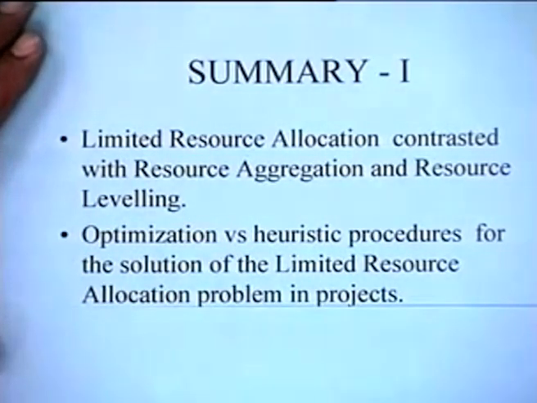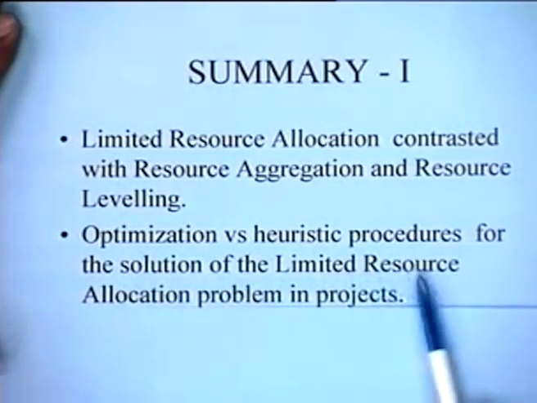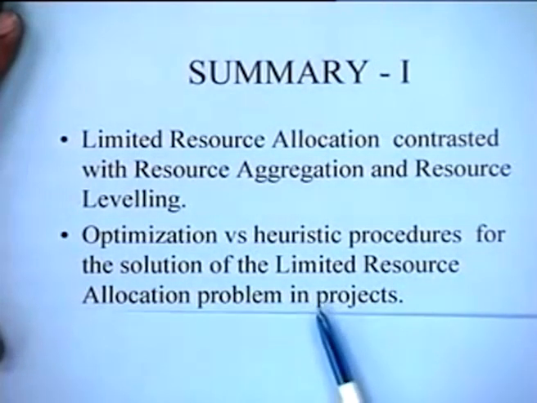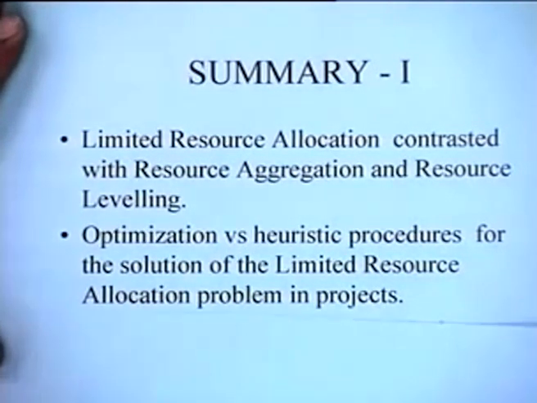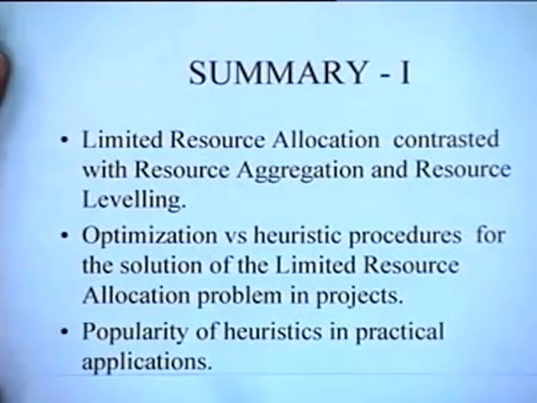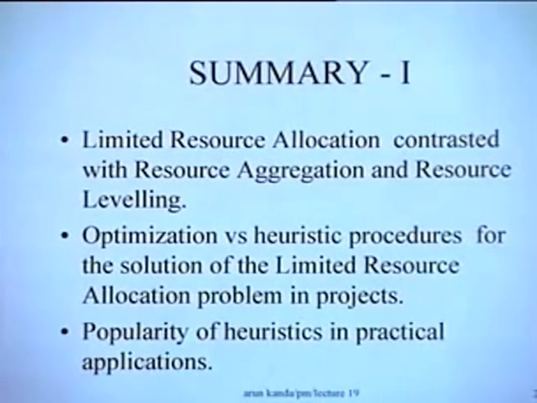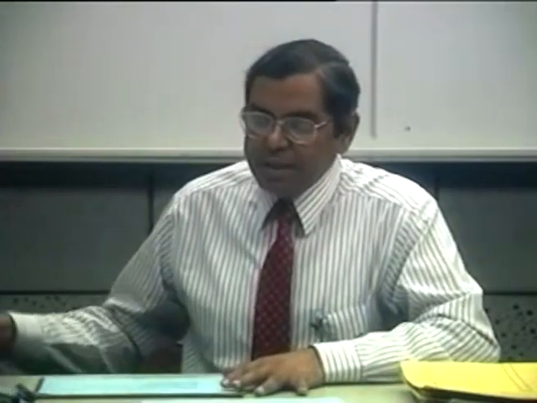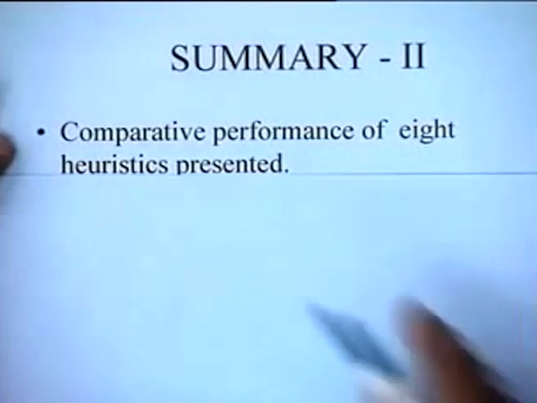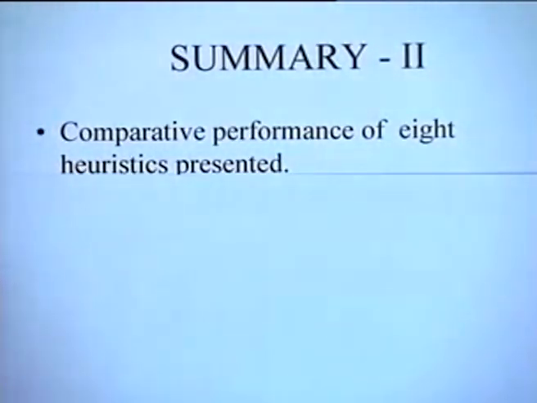Then optimization versus heuristic procedures for the solution of the limited resource allocation problem in projects were presented. It was seen that the heuristics were typically more popular in practical applications than optimization solutions. Then we looked at the comparative performance of 8 heuristics, and we found that heuristics based essentially on minimum slack or the latest finish time performed the best typically.